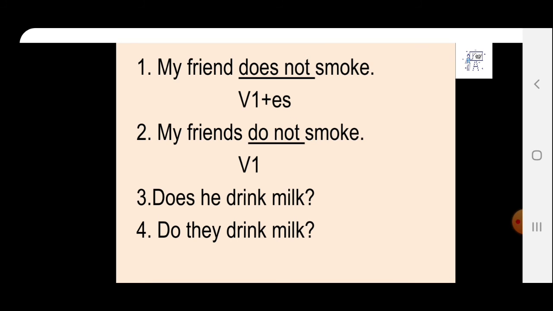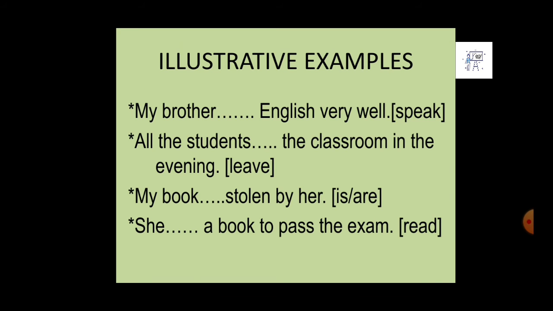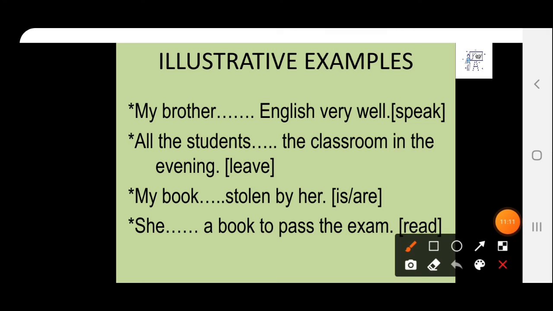Fine. If in the blanks the verb is given, how we will use that? My brother is singular here. Then blank is given here. My brother dash English very well. My brother is singular. So, here we will use speaks. All the students, that is plural, dash the classroom in the evening.